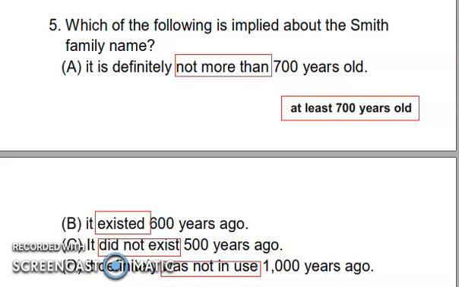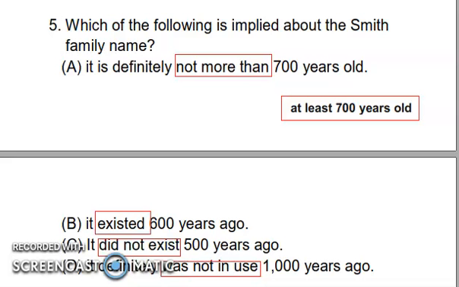Alright, let's see the keyword in the reading. Here, at least 700 years old. Yeah. So the Smith family name exists at least 700 years old. And then we match with option B here. It exists 600 years ago.